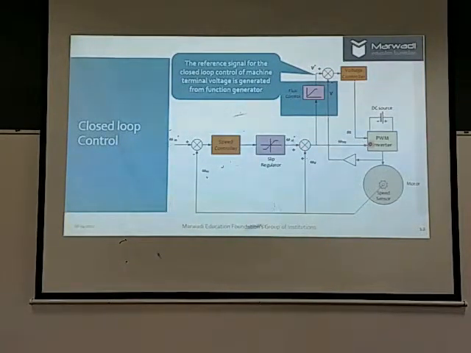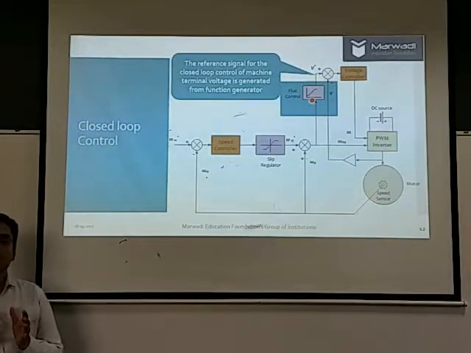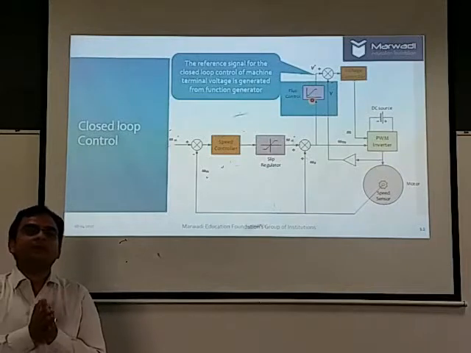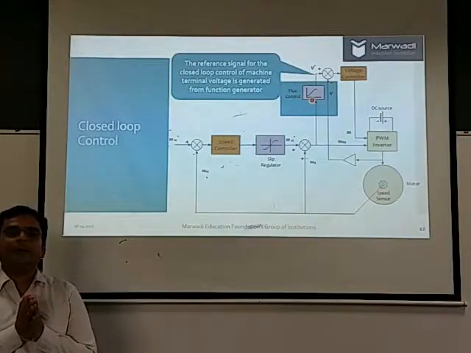How to decide the voltage? So the frequency is first given to the flux control. Now this is actually a lookup table or a function generator, where it ensures that below base speed there is a constant ratio between voltage and frequency, and hence it is named variable volt per hertz.